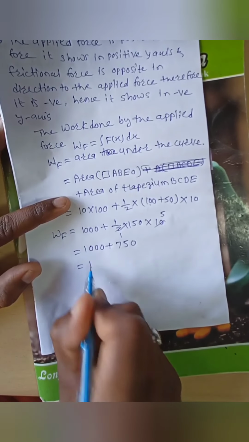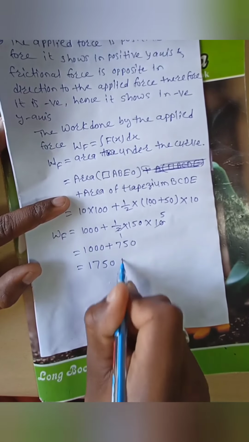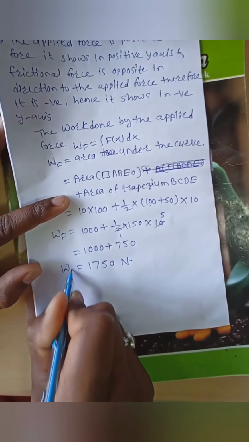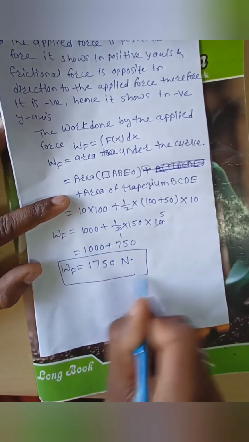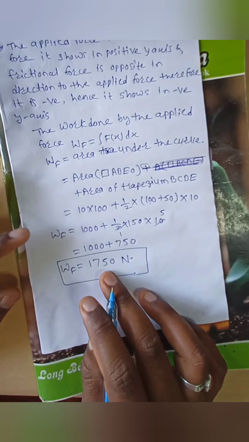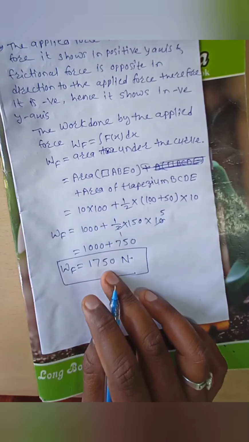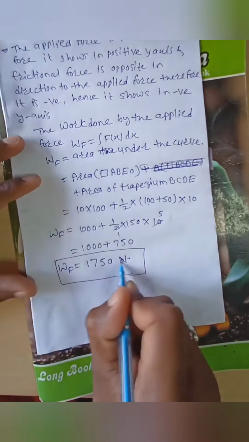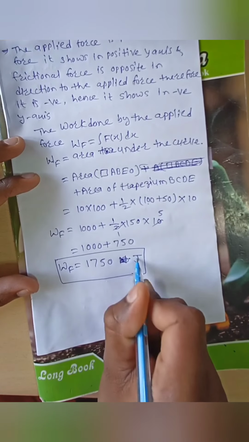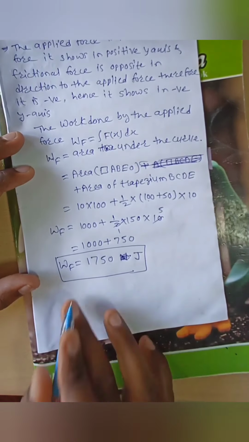This is nothing but 1750. Therefore, the work done by the applied force is 1750, and the unit of work done is joule.